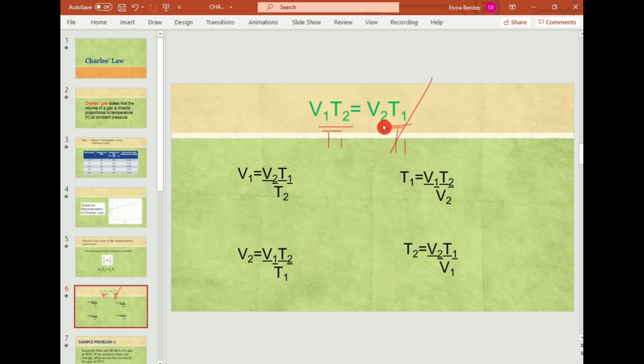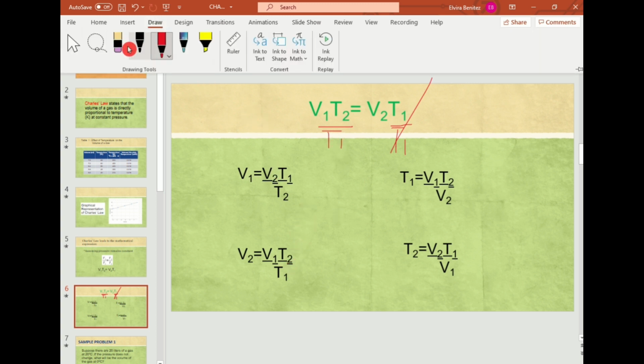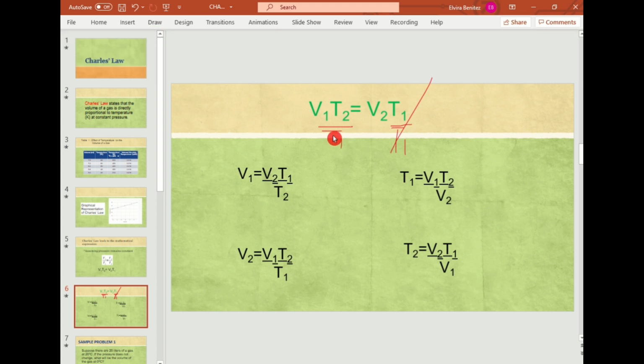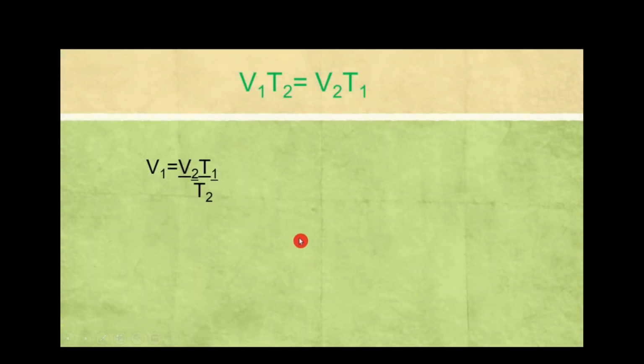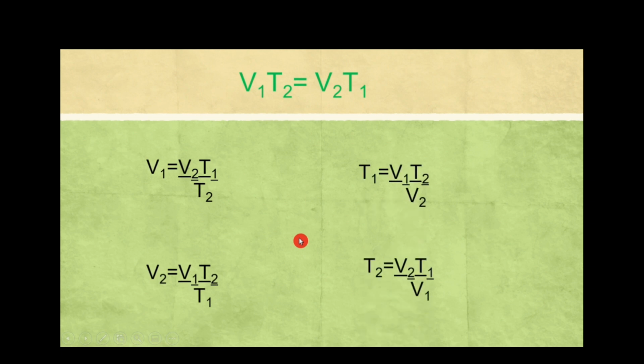So we have V sub 2 is equal to V sub 1 T sub 2 over T sub 1. Okay. So that is how we get the different formulas in solving for a problem involving Charles' law. Okay, so these are the different formulas.